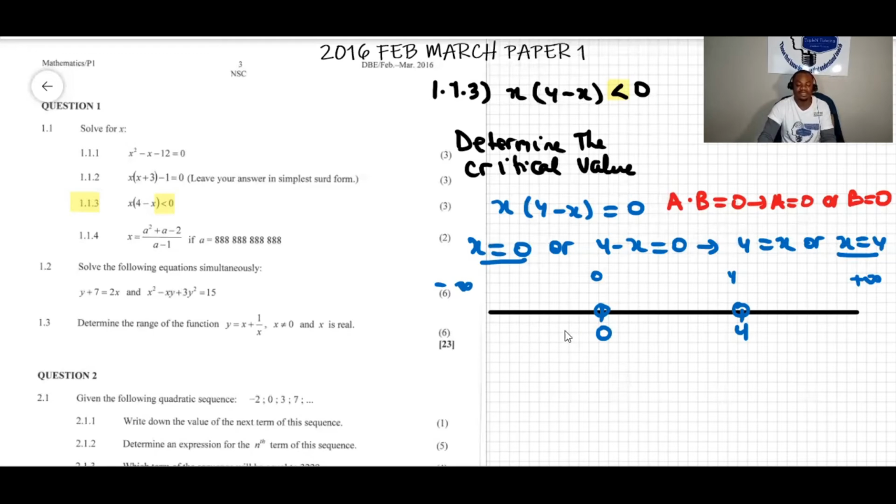When I pick any number in this interval, let's take a number like -1, for instance. If I set -1 for x, then 4 minus -1 makes positive 5. Now -1 times 5 will make it negative.